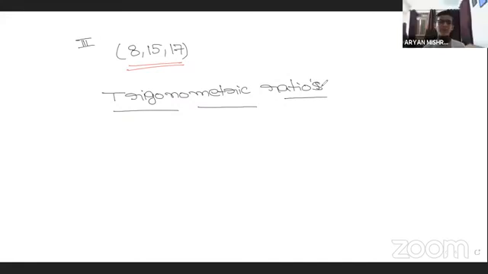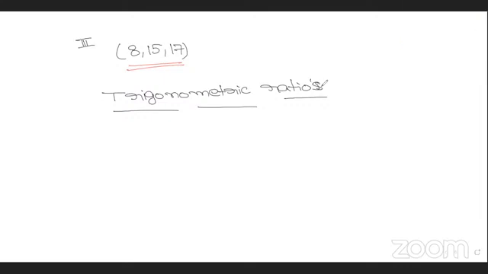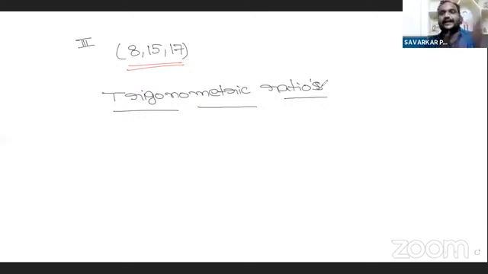Basically, we know tri means three, gonal means angles, metry means measurement. So how are you going to measure the three angles of a triangle? A triangle has vertices, angles, and sides.